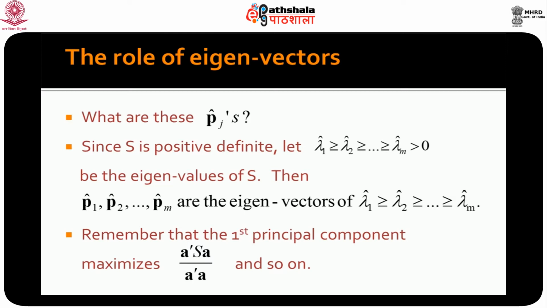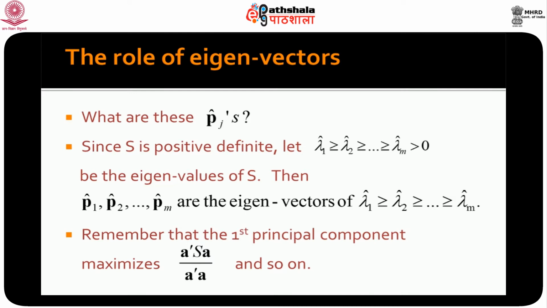The second by y2 hat, which is P2 hat prime x, etc. So we can form the principal components as before by taking the linear combination of x's combined through the jth eigenvector to obtain the jth principal component.